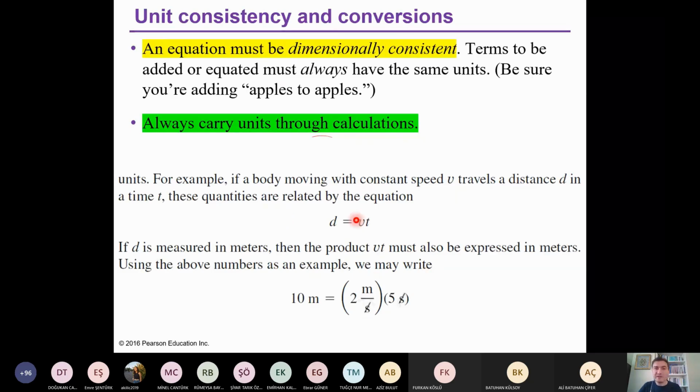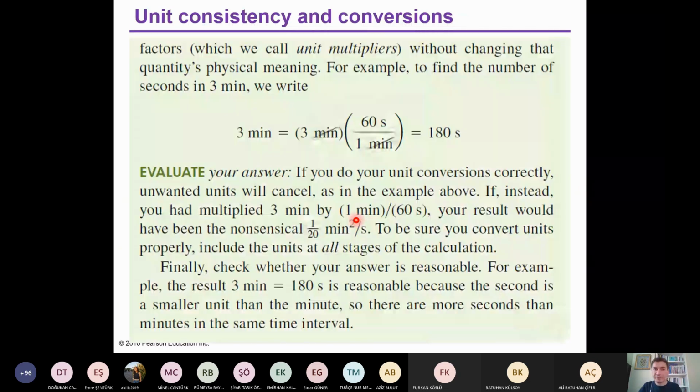Another important thing is that conversion. So for example, here we have 3 minutes and we would like to convert this 3 minutes to the seconds. So how to convert this one? So during conversions, you must be very, very careful. 1 minute is equal to 60 seconds.